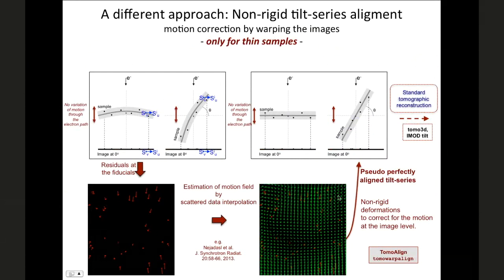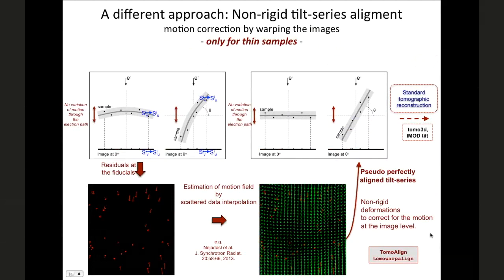So if we apply warping, if we apply deforming, we are correcting every image, and we are producing a pseudo perfectly aligned tilt series amenable to a standard tomographic reconstruction program like Tomo3D or TILT within IMOD.